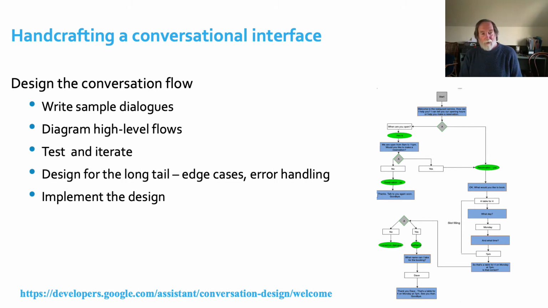Having designed the happy path where things go as expected, to then look at unhappy, or what are sometimes called edge cases, cases where errors occur, and to implement these as well. And then finally, having designed this, to implement the design using some particular framework.